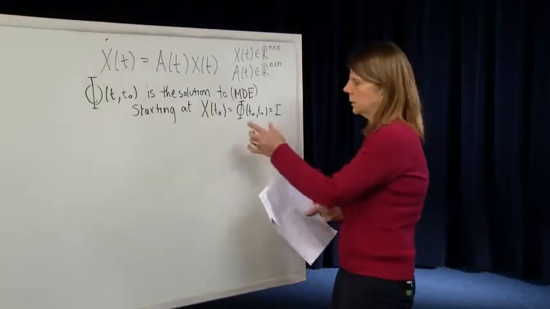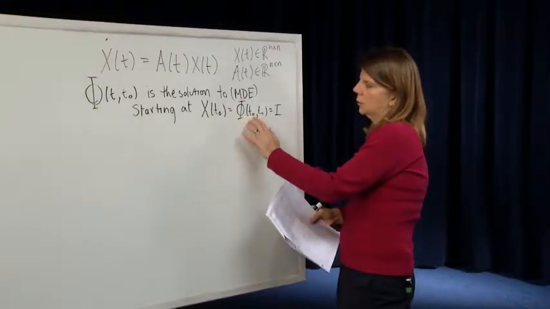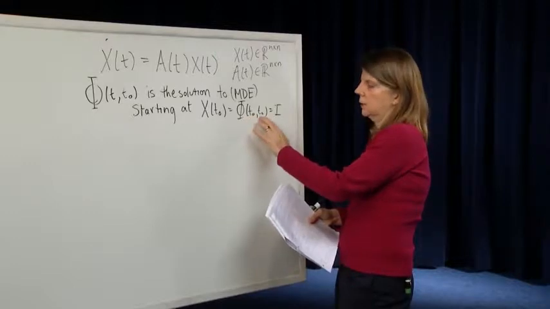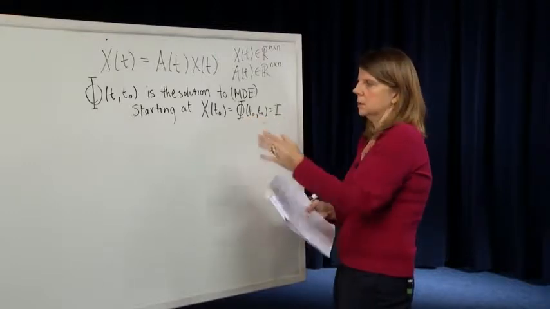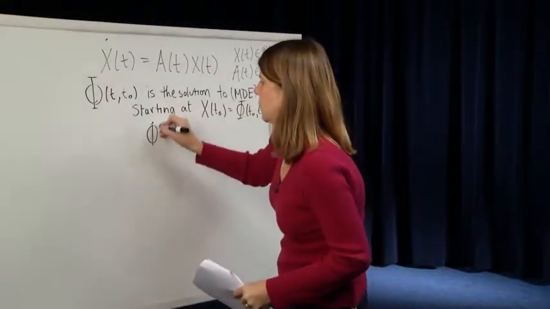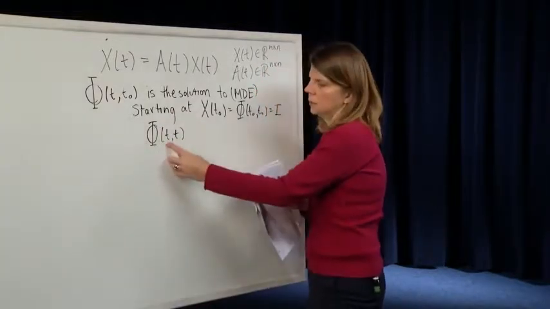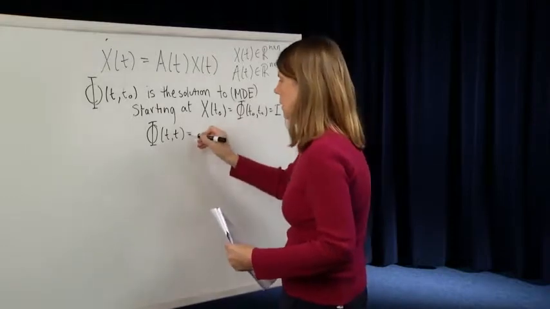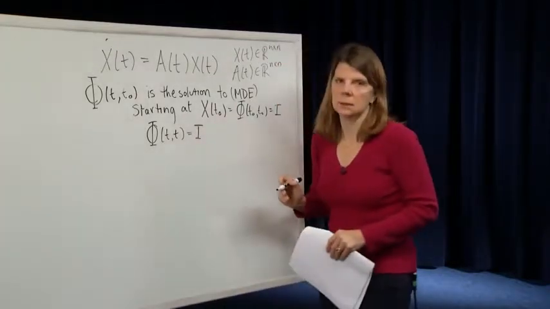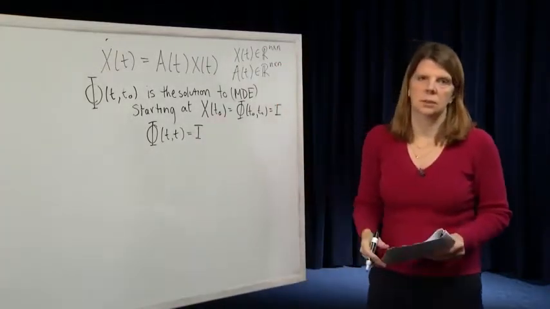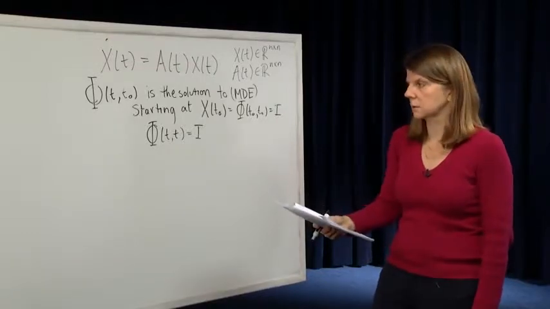In particular, this means that this is the value of phi at the initial time, given that we started at the initial time. So from this definition, if you started at time t and you look at the solution at time t, then that is the identity. So that's part of the definition of the state transition matrix.